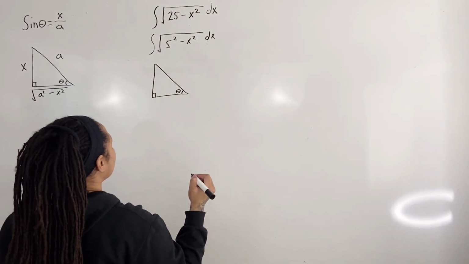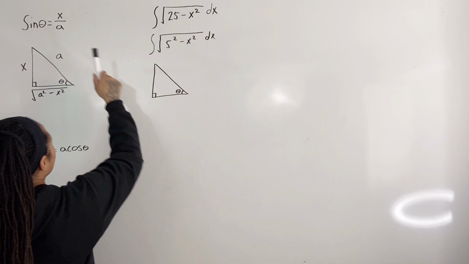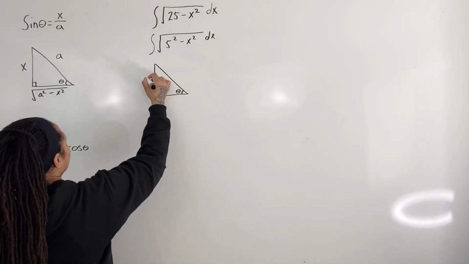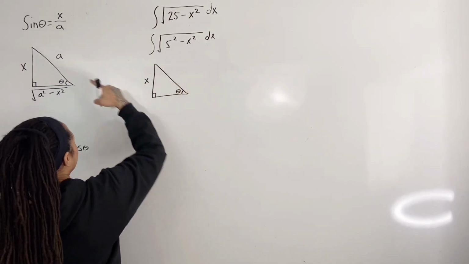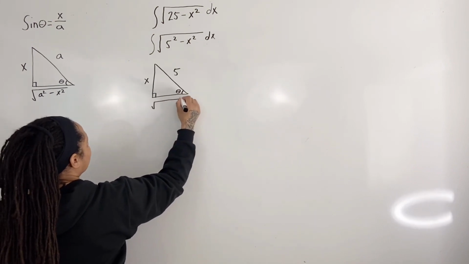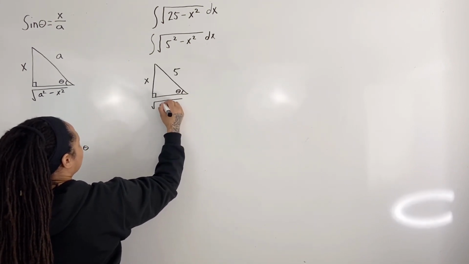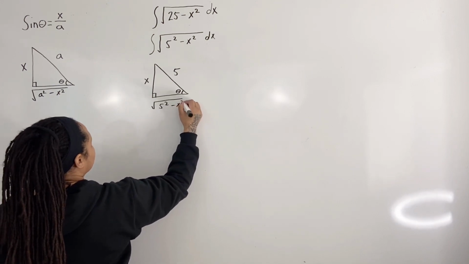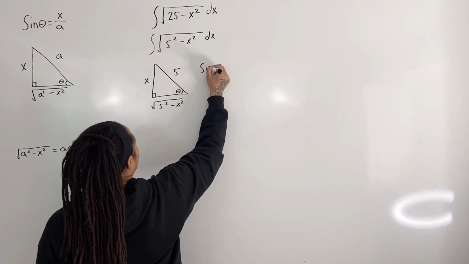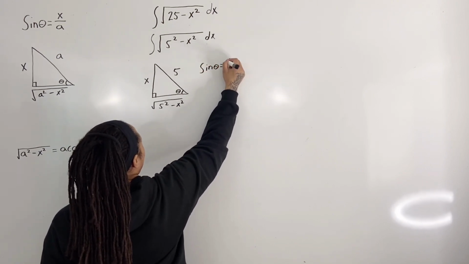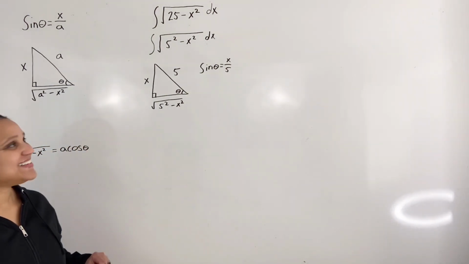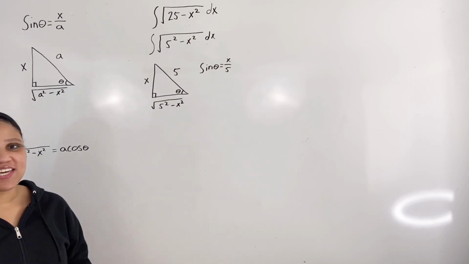I know that we are working with the sine equation. So we have x here, and a is going to be 5. And on this end, we're going to have the square root of 5 squared minus x squared. And my trig equation is sine of theta is equal to x over 5. So we will be using this to help us evaluate the integral.